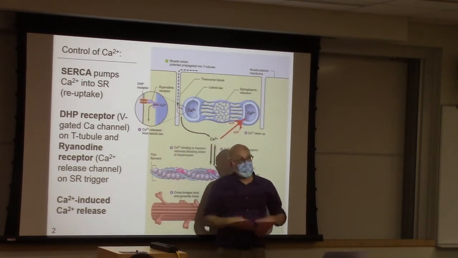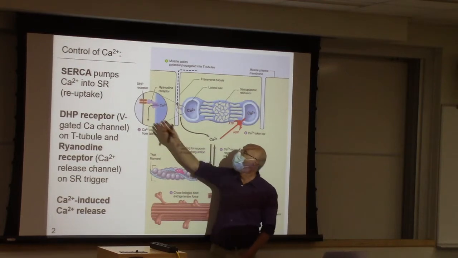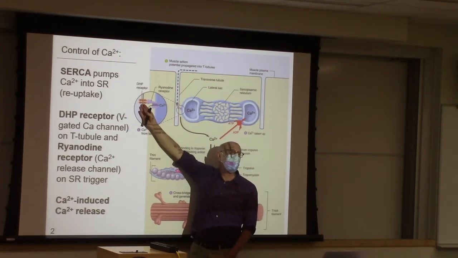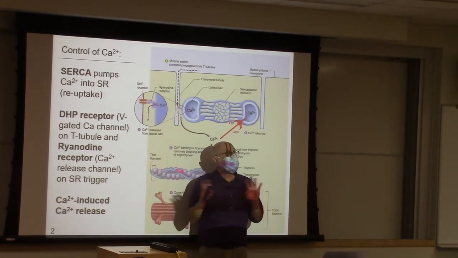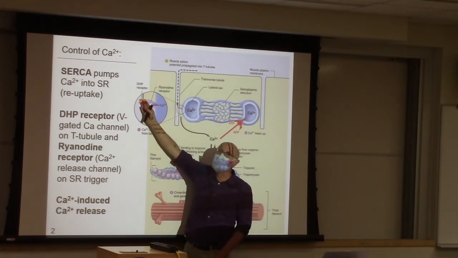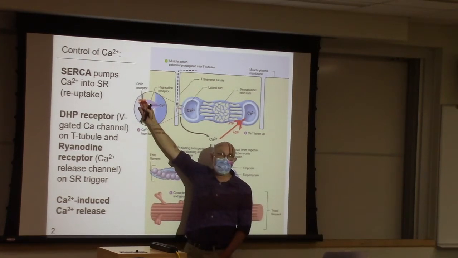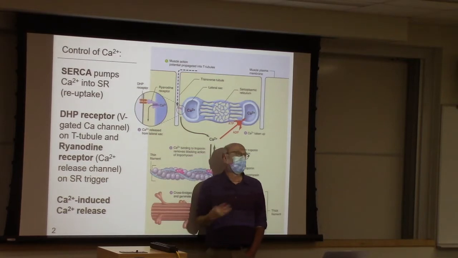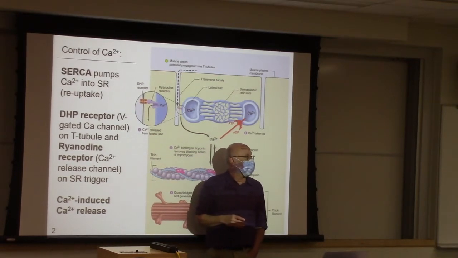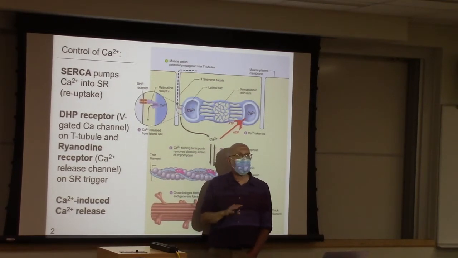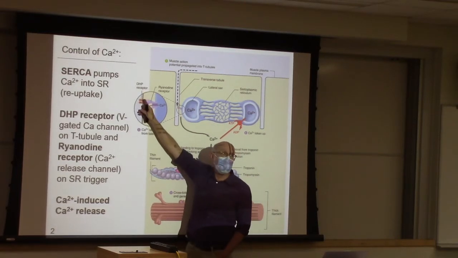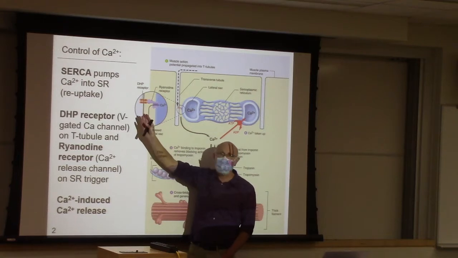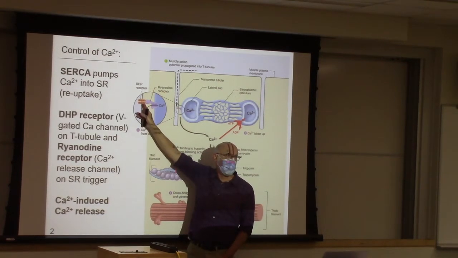A physiologist, which is what you are becoming, would call it a voltage sensor because it responds to voltage. I will accept either name because your textbook uses the pharmacology nomenclature, and I tend to use both, kind of interchangeably. Just to be clear, we're talking about the same thing. This is a drug-related name, but its function is to act as a voltage sensor.